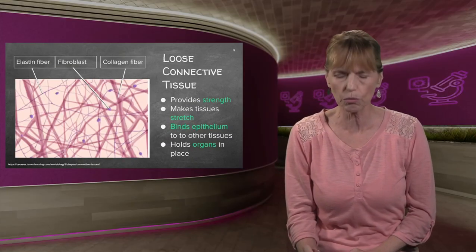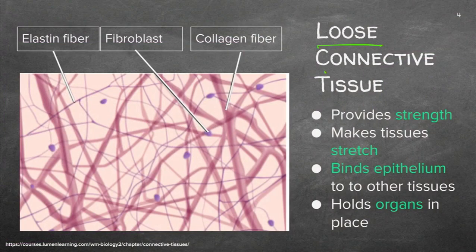Okay, let's start with your loose connective tissue. And they are made up of elastin fibers. Your tissue is made up of many cells which then become fibers like long strings. Okay, you have fibroblasts, which are tiny little cells inside, and you have collagen fibers.